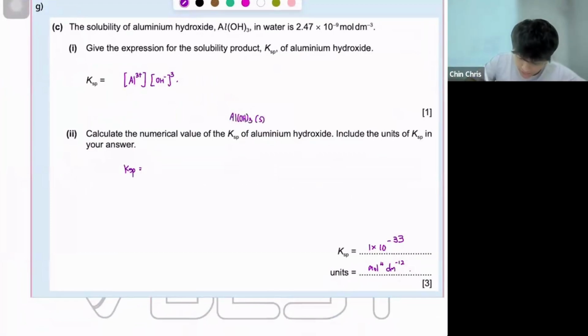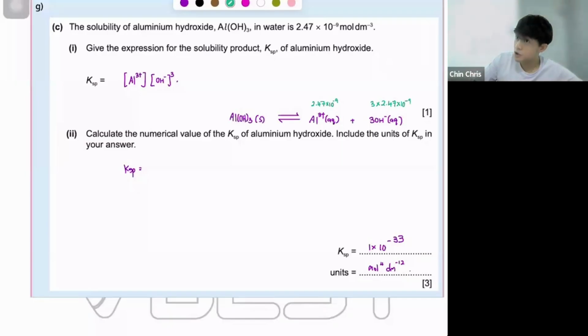AlOH3 solid is going to turn into Al3+ and 3OH-, correct? Which means 2.47 is here, and then this is 3 times 2.47.